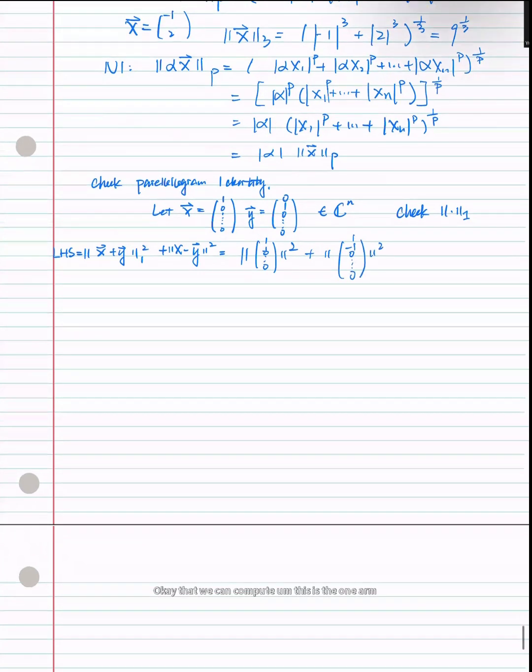Okay, that we can compute. This is the one norm, so it equals 2 squared plus 2 squared plus 8.